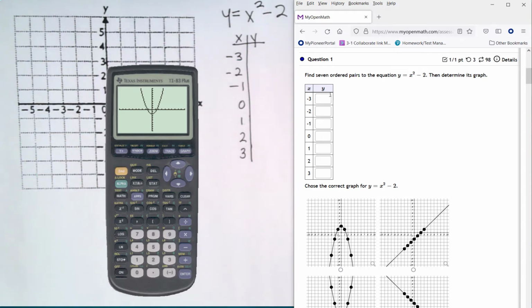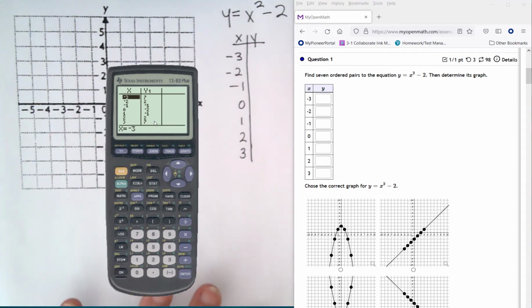All right, we also need to give back these values for the table. And so rather than calculate them ourselves by hand, which we could, we go in the calculator and use it. So we want to use this table feature that's up above the graph button. So you're going to do second and hit the graph, which is really doing table since we did second. And there's our table.